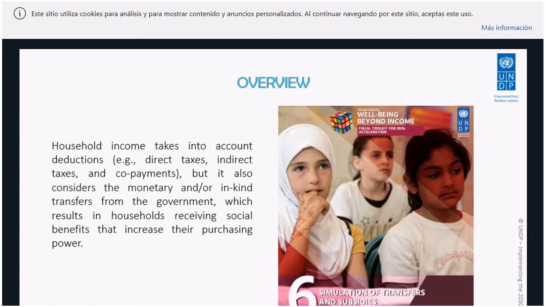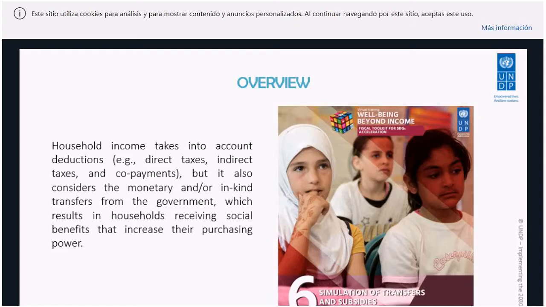The rationale of the microsimulation is very straightforward, even though there are a lot of identities, basic equations, concepts, etc. to work on.